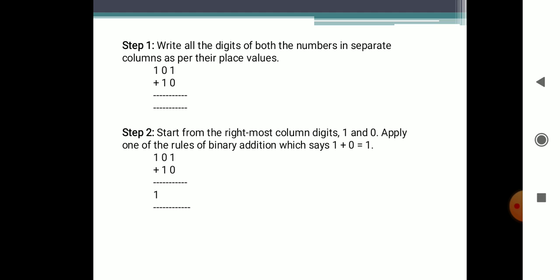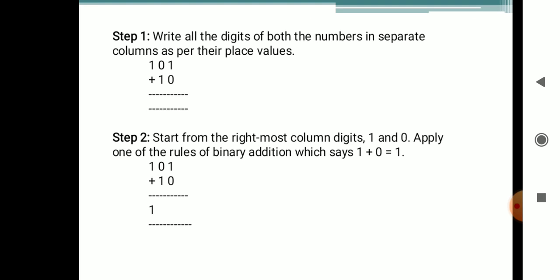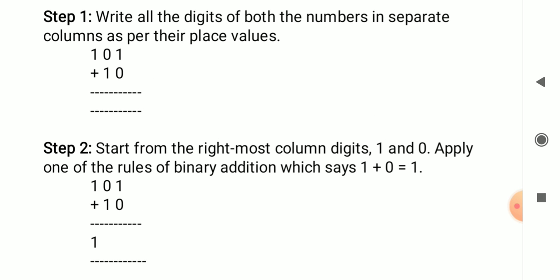Then the second step is to start from the rightmost column, which is the least significant bit.